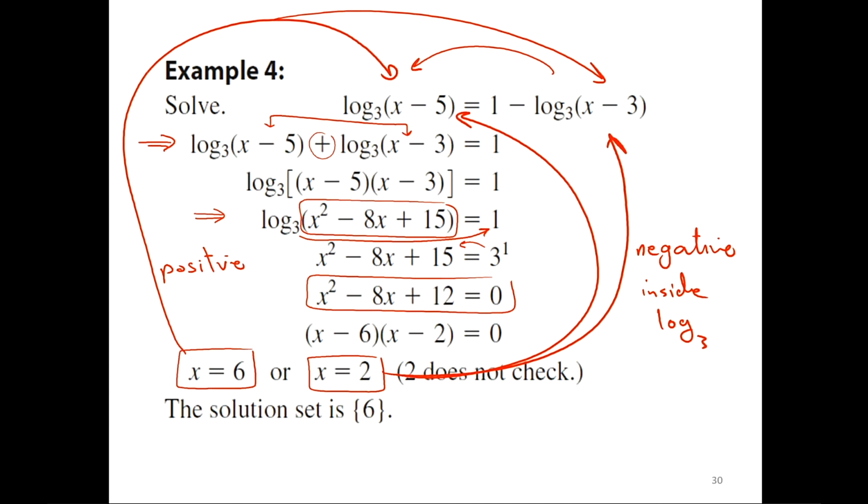So we have a negative argument inside the logarithm. So x equal to 2 must be removed. This is not a solution. So we have only one solution, x equals 6. Okay? Any question? Do you know why we remove the 2?